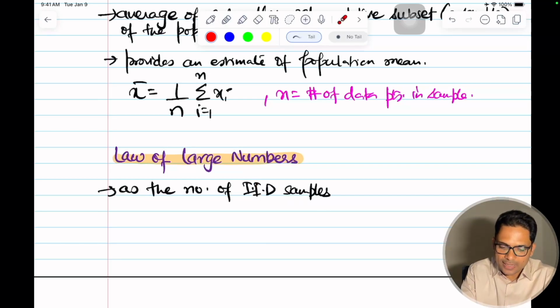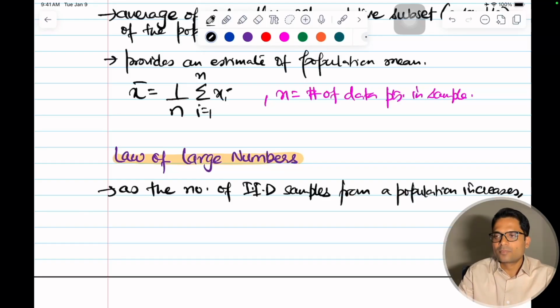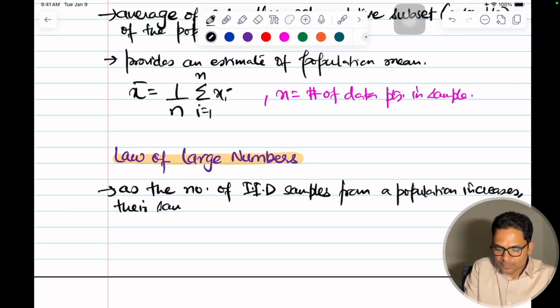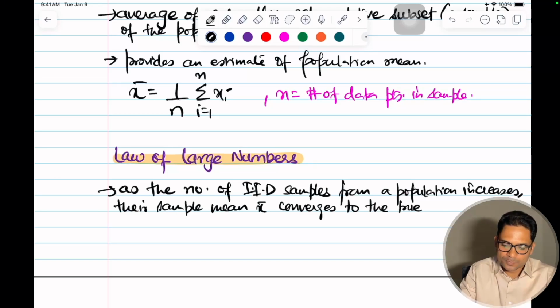So as the number of IID samples from a population increases, their sample mean converges to the true population mean, mu.